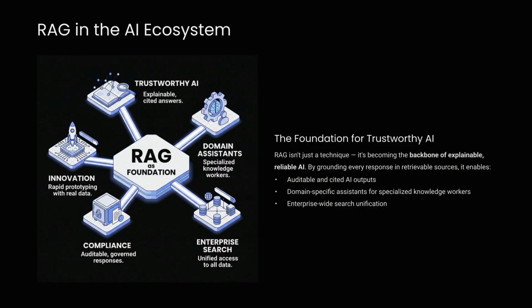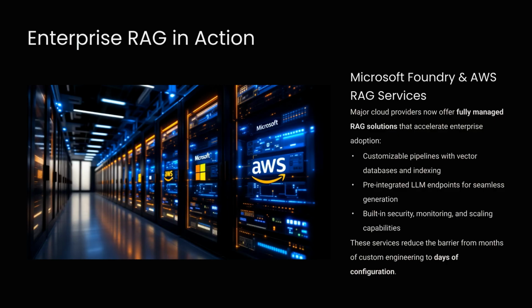By grounding every response in retrievable sources, it enables auditable, cited AI outputs, domain-specific assistance, and enterprise-wide search unification. Enterprise RAG is now supported by major cloud providers like Microsoft and AWS, who offer managed services. These solutions accelerate adoption by providing customizable pipelines, integrated LLMs, and built-in security and monitoring.